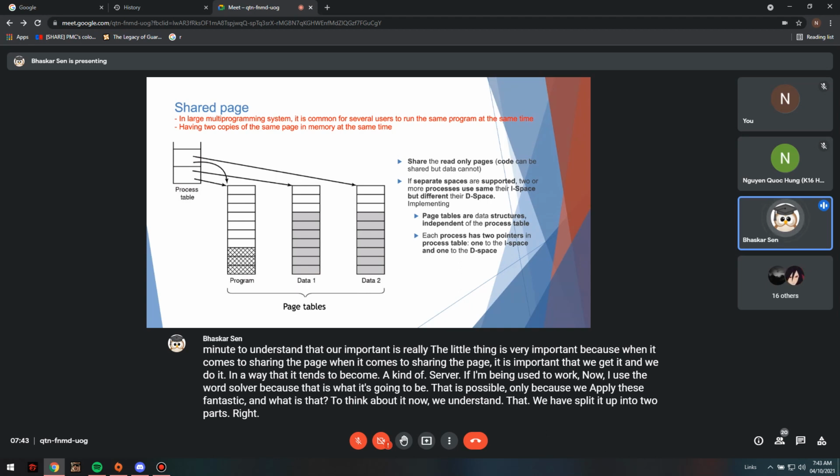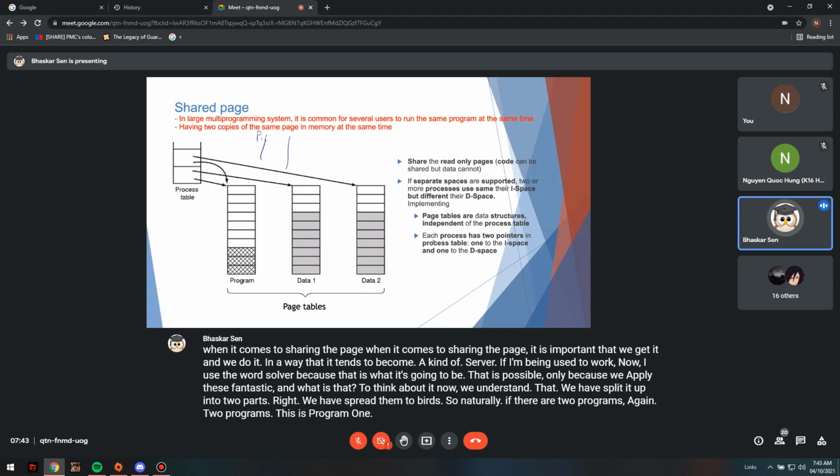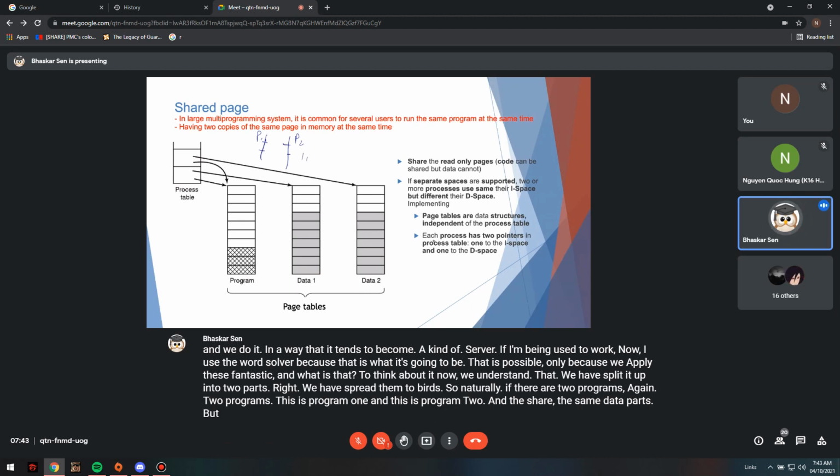So naturally, if there are two programs, this is program one and this is program two, and they share the same data part, but different code parts. Or they share the same code part, but different data parts.